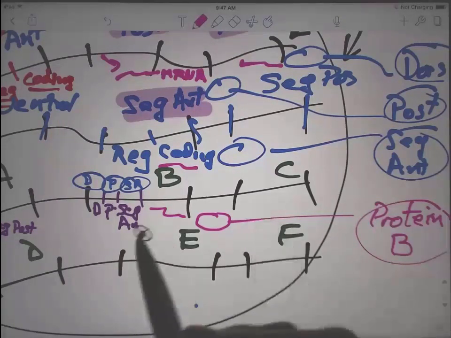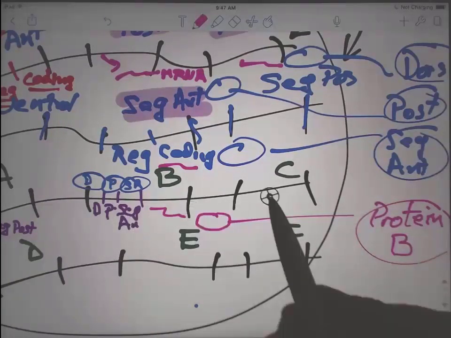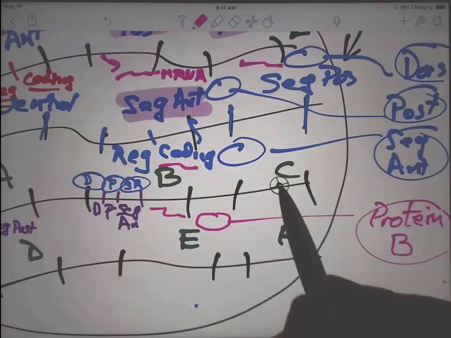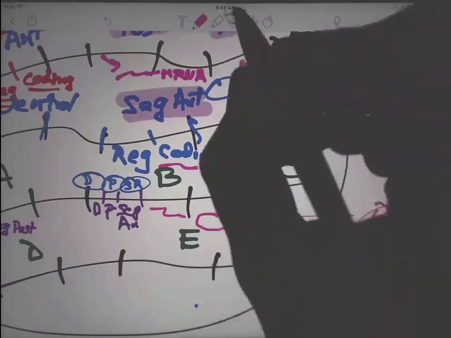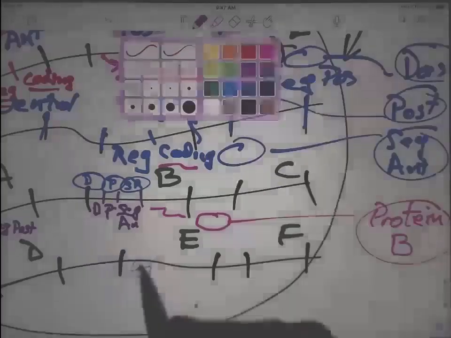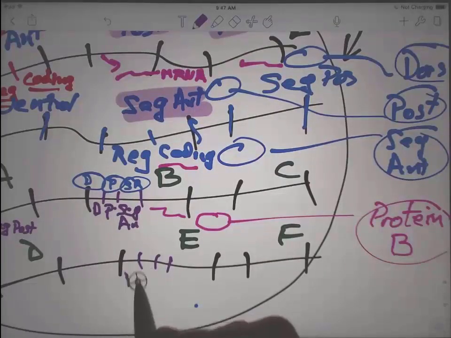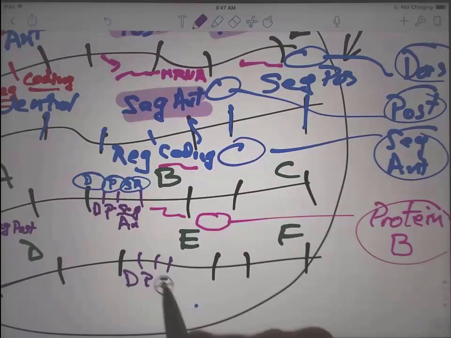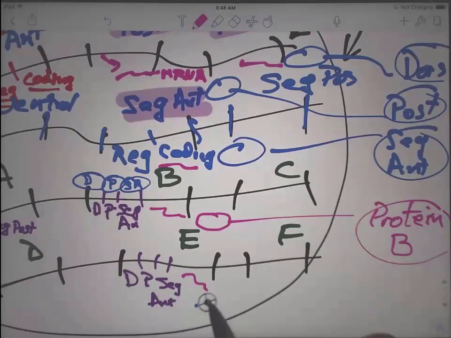And anywhere there are binding sites for those three transcription factors and where there are no repressors to block them, we'll get a particular gene expressed. So let's imagine that here also we have D, dorsal, posterior, and segment anterior. Here also we'll get messenger RNA and protein.